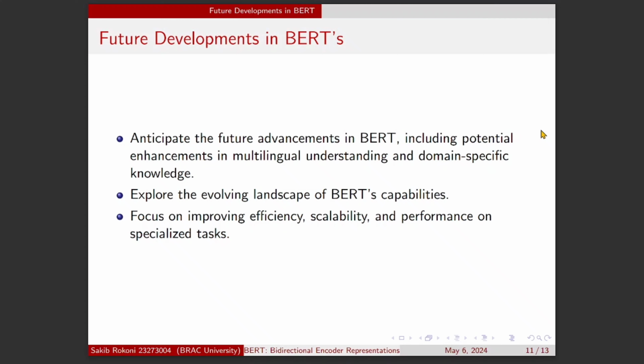This could involve refined pre-training techniques, exploring larger model architectures, enhanced fine-tuning capabilities, and adapting to new languages and domains. Additional research may address BERT's limitations, such as its inability to understand context across multiple sentences or its reliance on fixed-length input sequences.